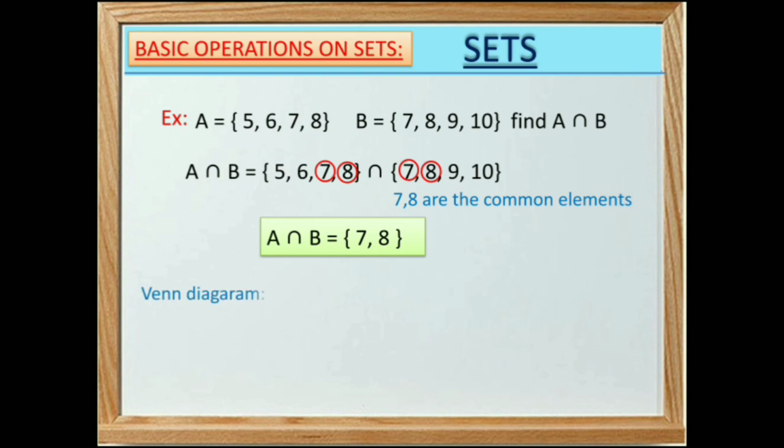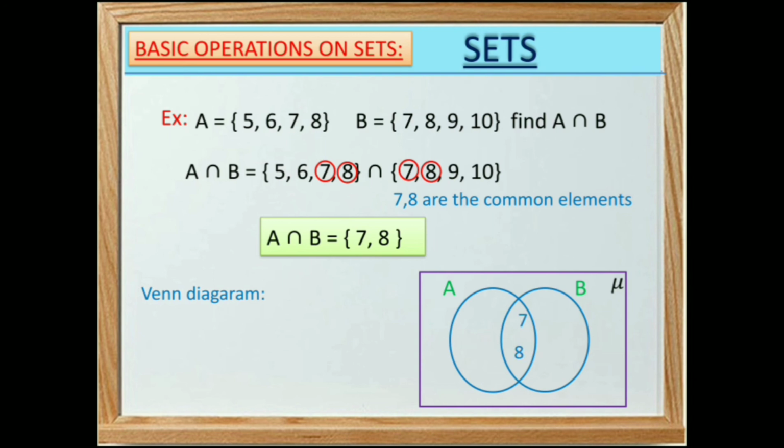Let us know how to write the Venn diagram for this example. So first we draw a rectangular shape and two circles A and B. Then here the common area, this one, this is the common area. That's why I represented 7 and 8 in the common area, the overlapping area.